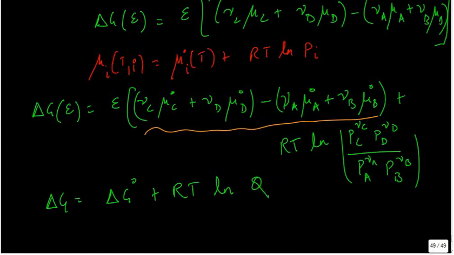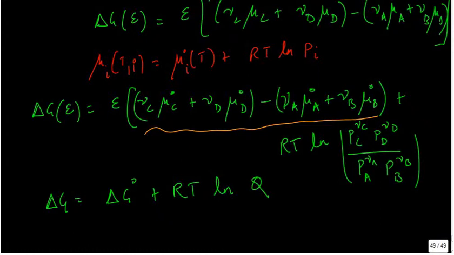Okay. So delta G naught is this particular term, where delta G naught is nothing but, at the standard pressure, the Gibbs free energy of the products minus the Gibbs free energy of the reactants. If that's negative, it's a spontaneous reaction at that standard pressure.